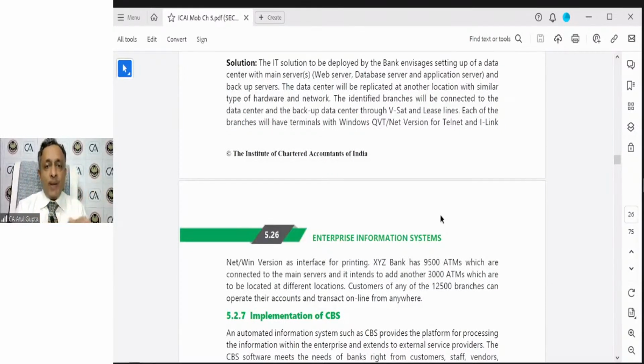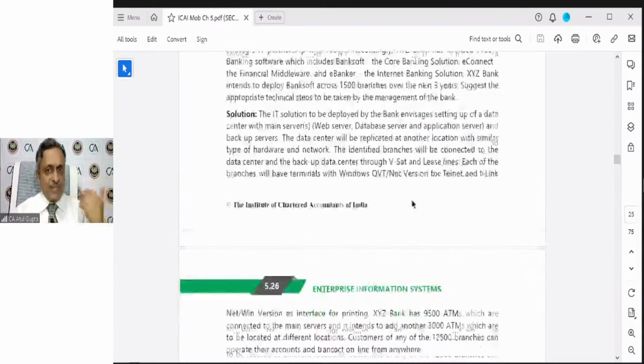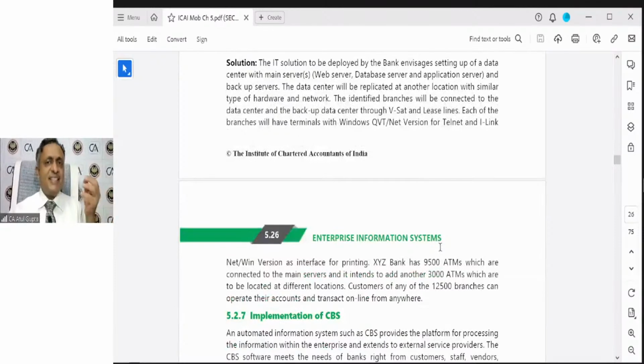Then for XYZ, some more updates have been given. XYZ has 9,500 ATMs which are connected to the main server, and it intends to add 3,000 more. So that is 12,500 ATMs, and customers of any of the branches can operate their account and transact online from anywhere, treating each ATM as an independent branch.